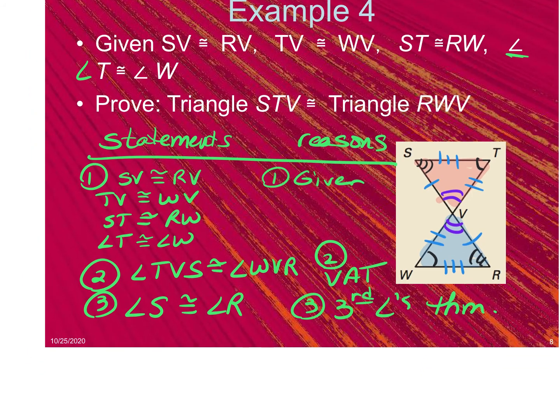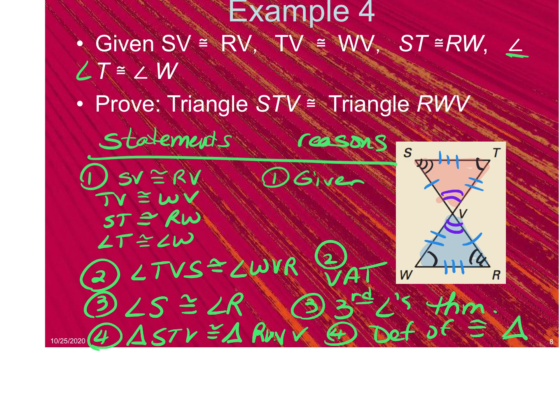Now that I've established that all three angles have congruency marks and all three sides, I can now state what I was asked to prove, that triangle STV is congruent to triangle RWV, and my reason is definition of congruent triangles, and I'm abbreviating.